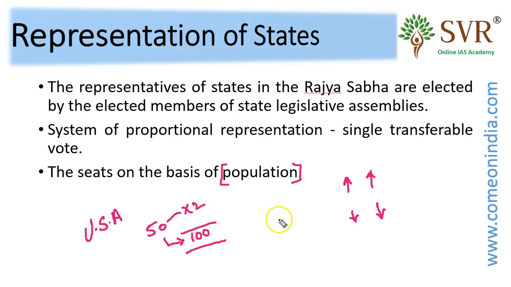There is no equal representation of states in the Indian system, whereas in the United States of America the states are given equal importance and thereby 2 members are selected from each state. It is one of the differences between the Indian Constitution and the American Constitution.